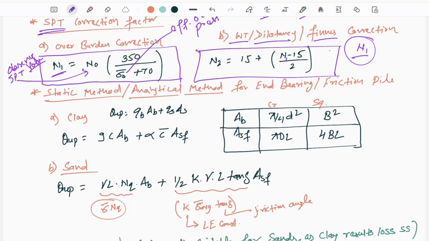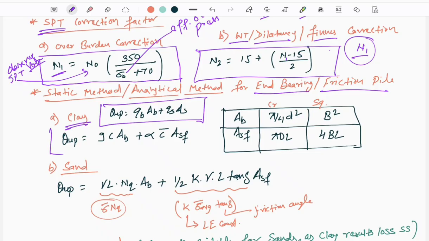Now next, we have two methods to calculate the end bearing capacity of a pile: the static method, also called the analytical method, and the dynamic method. First we discuss the formulas associated with the static method. This is for either an end bearing pile or a friction pile. For a pile in clay, QUP is equal to QB into AB plus QS into AS, where the B suffix is used for bearing and the S suffix is used for surface.